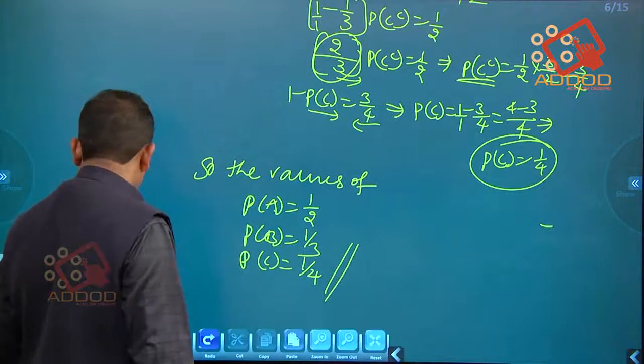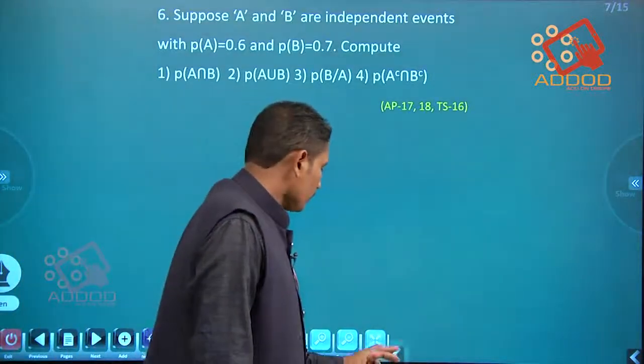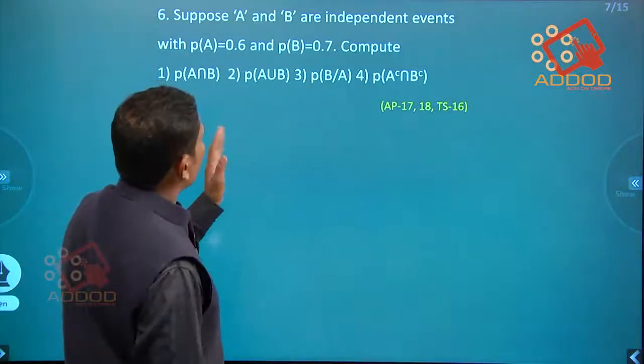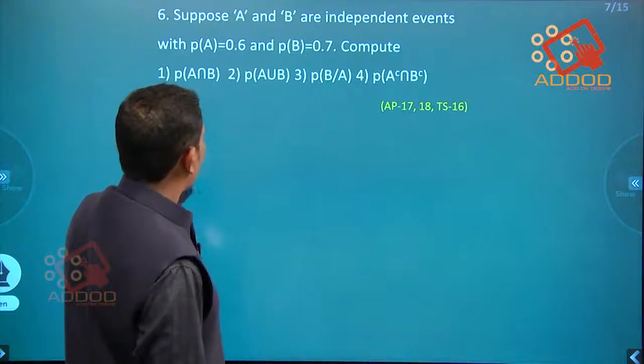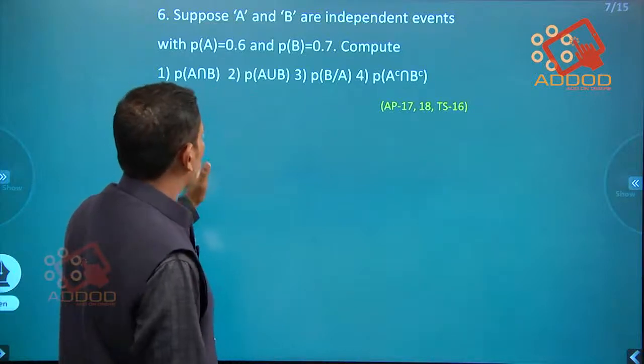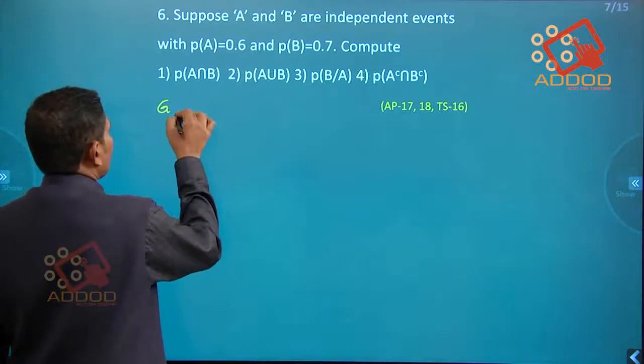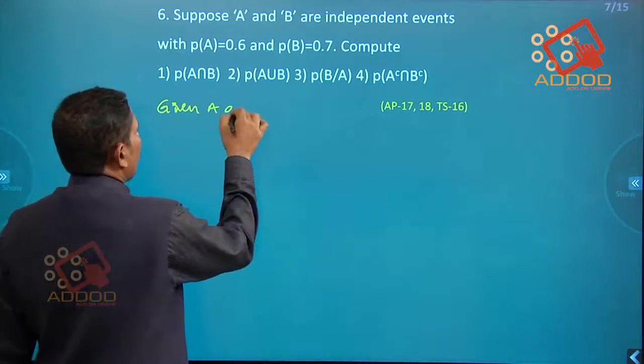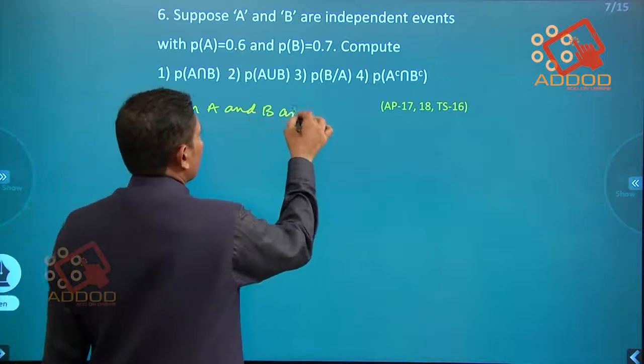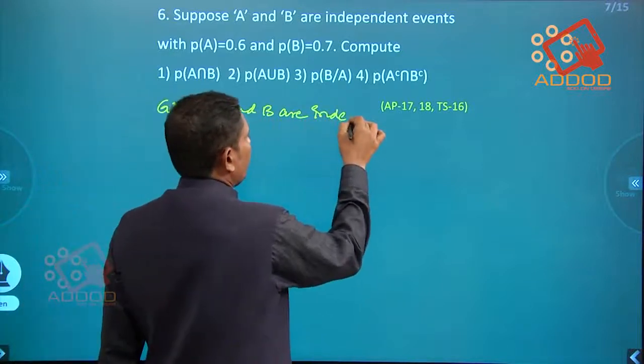Now go to the next one here. The question is asking: A and B are two independent events with P of A and P of B, then compute the values of. So here, first, given A and B are independent events.